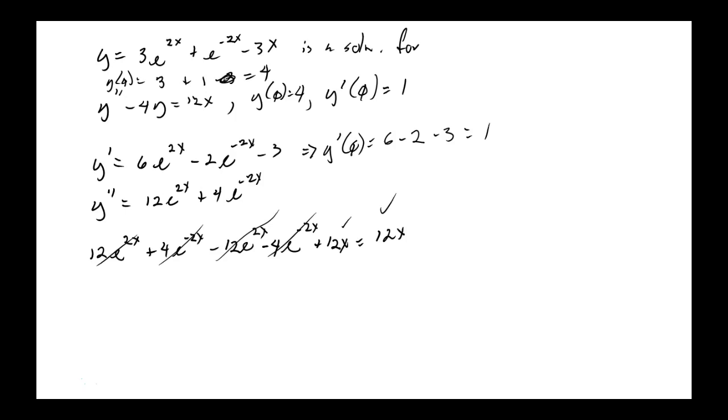Okay? Now, it says the differential equation is linear. The coefficients as well as g of x equals 12x are all continuous. Our coefficients here were 1 and minus 4, and the 12x is continuous.